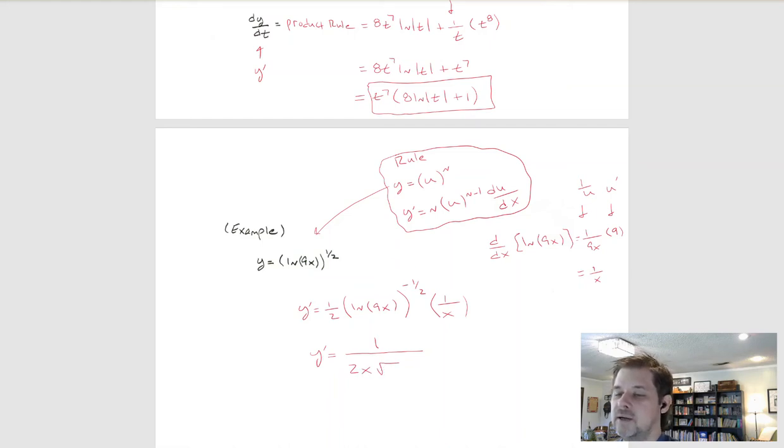And then I have square root natural log 9x down there too, because that power is negative, so I could send it under the bar and it would be positive, but a positive 1/2 power on natural log 9x would be a square root on natural log 9x. So I get it like that, clean it up, combine the few things that I can.